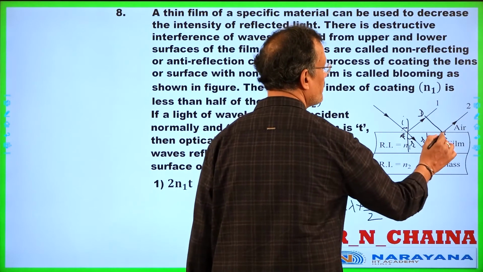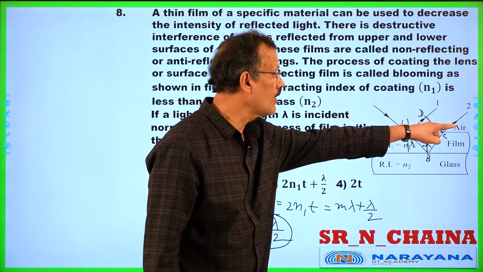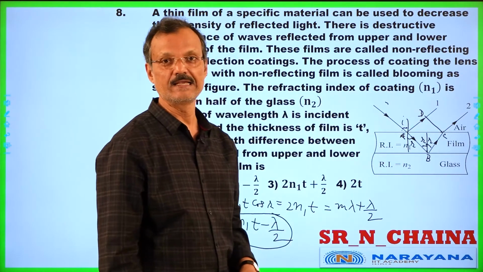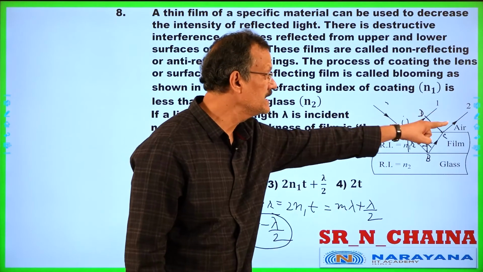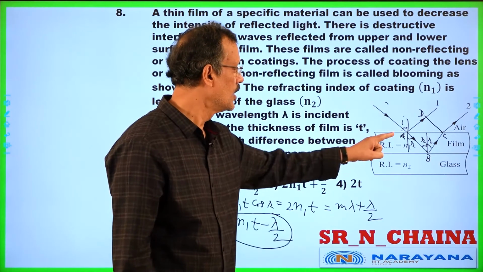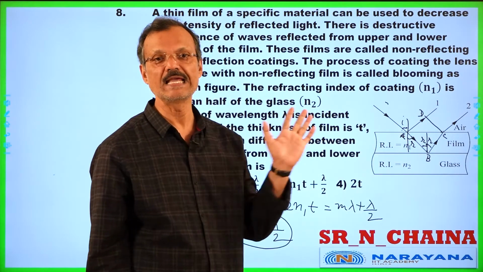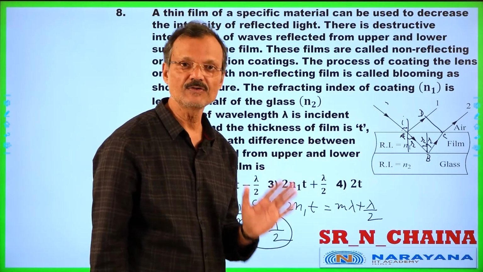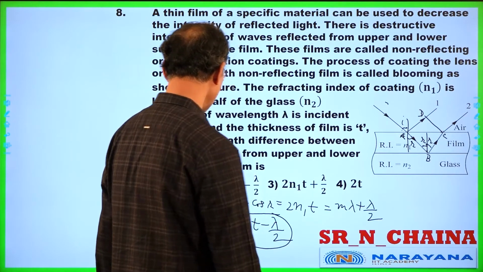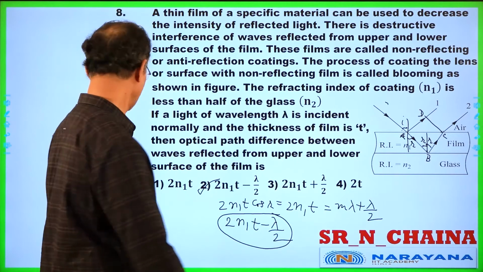This is the additional path this ray has traveled, and in comparison this ray has traveled additional path AD. So between these two rays, to compute the path difference you have to take AB plus BC minus AD. Is it clear to you? I hope you understood it. So the answer is number 2 for question number 8.